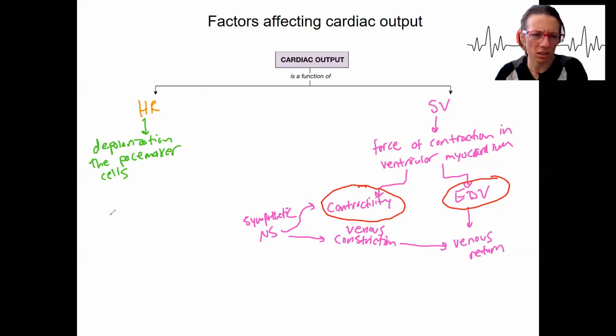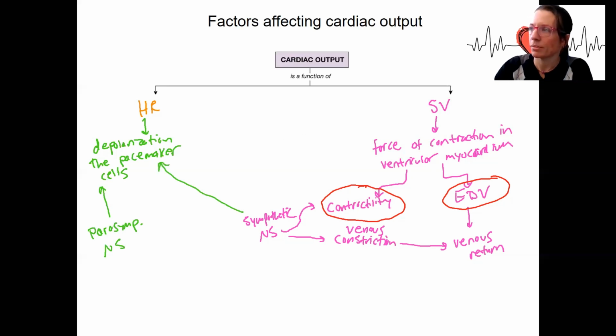That arrow. This could be regulated by the parasympathetic nervous system. Or look, sympathetic nervous system. And I could even go ahead and add in here, this is going to decrease depolarization rate. This is going to increase it. This is going to increase both of these things.